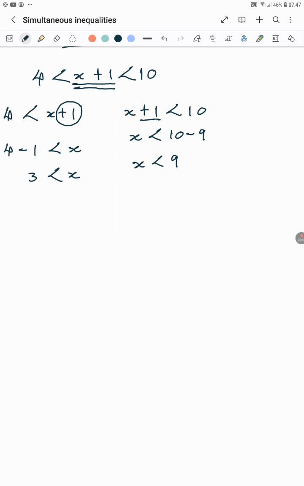So now when you combine your two solutions, your x is going to be in the middle, and 3 is smaller than 9, which means 3 is going to be on the left hand side and 9 is going to be on the right hand side. And you just take it as it is. In this case, you take this sign as it is, and in that case you also take this sign as it is, which means your answer is going to be x is greater than 3 but less than 9.